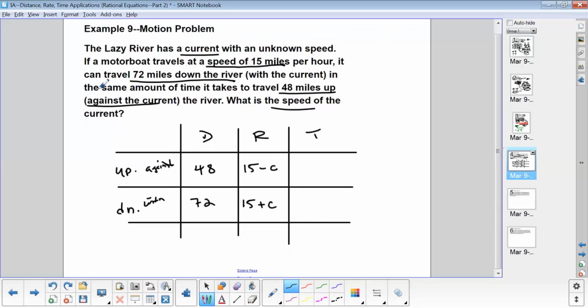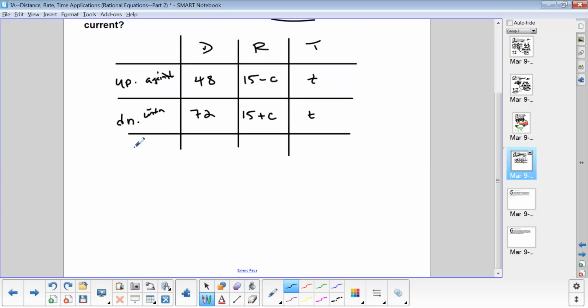And we know that it's going to be the same amount of time, so we can set t as our time. Distance equals rate times time. So if I want to solve for time, I've got to take distance divided by rate. So I've got 48 divided by 15 minus the current is equal to 72 divided by 15 plus the current.